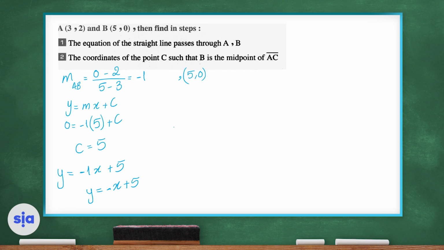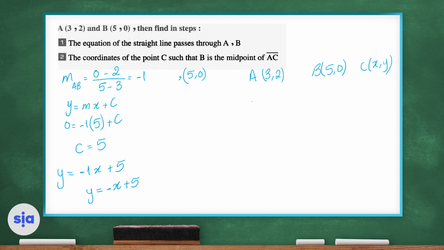Question 2. The question wants us to find the coordinates of point C such that B is the midpoint of AC. So here, point A has coordinates (3, 2), B has coordinates (5, 0), and C has coordinates (x, y).